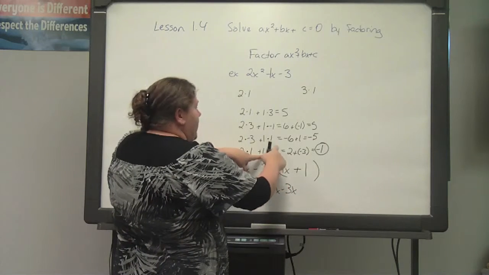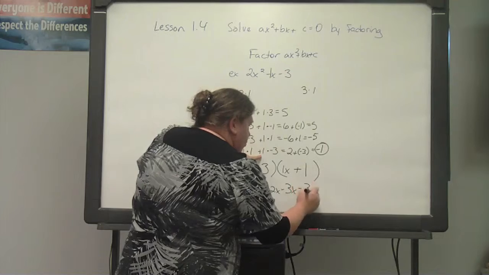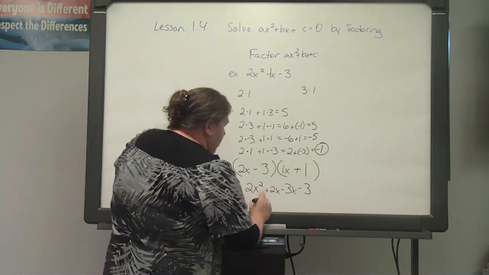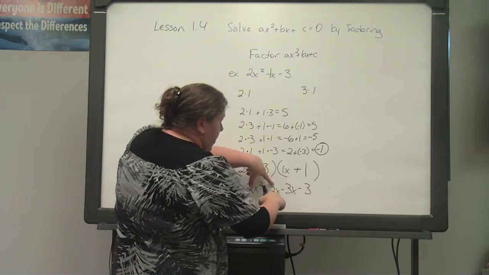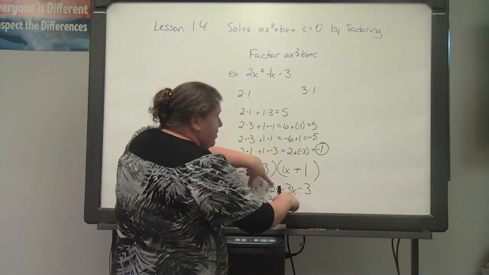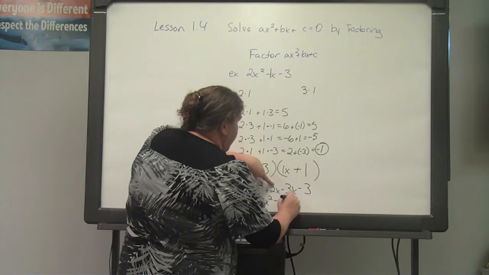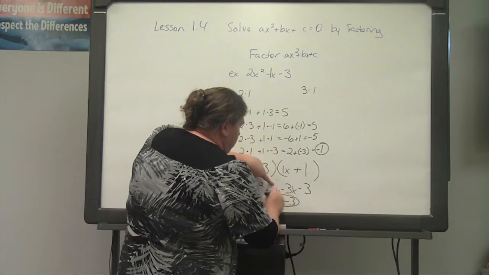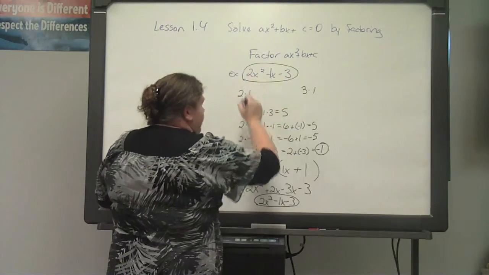And then a negative 3 times 1 is my minus 3. So we have 2x squared, positive 2x minus 3x gives me a minus 1x minus 3. And you can see that they do match up.